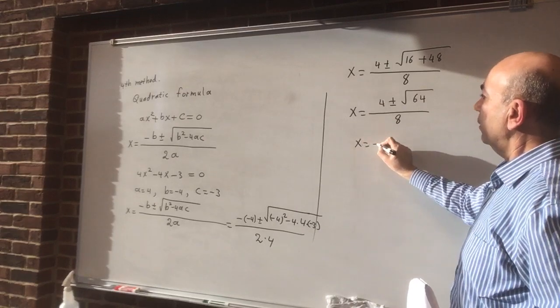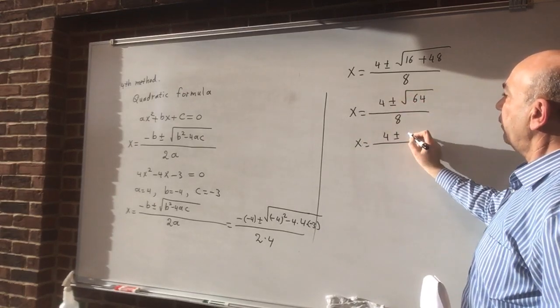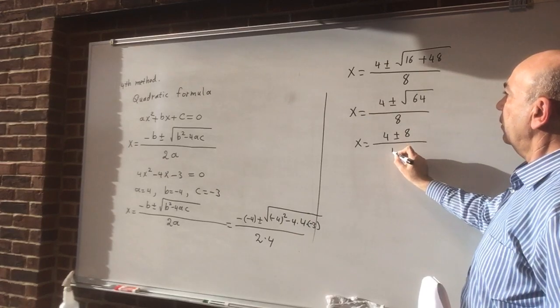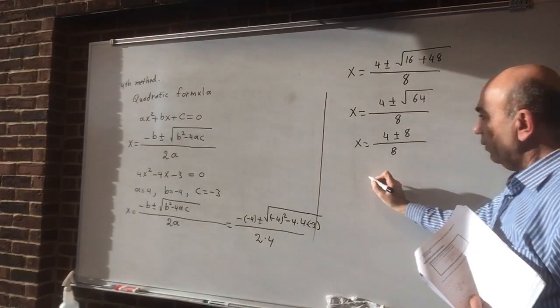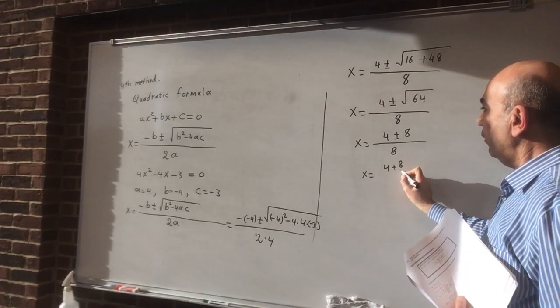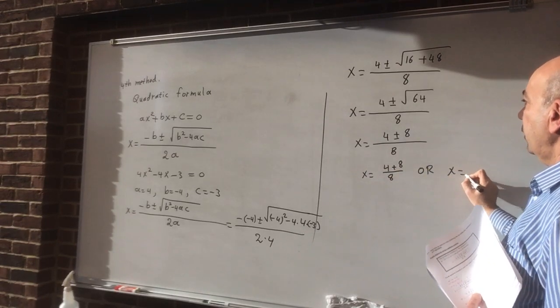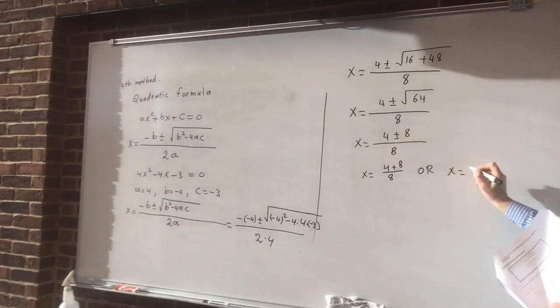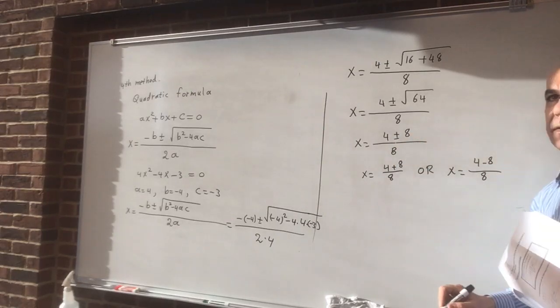So x equals 4 plus or minus the square root of 64, which is 8, over 8. Or x equals 4 plus 8 over 8, or x equals 4 minus 8 over 8.